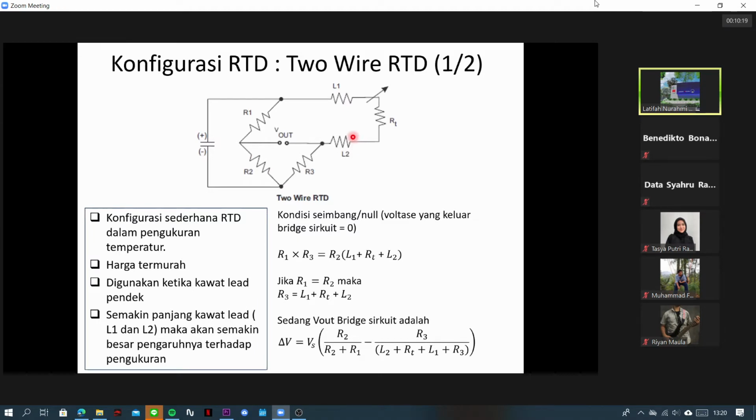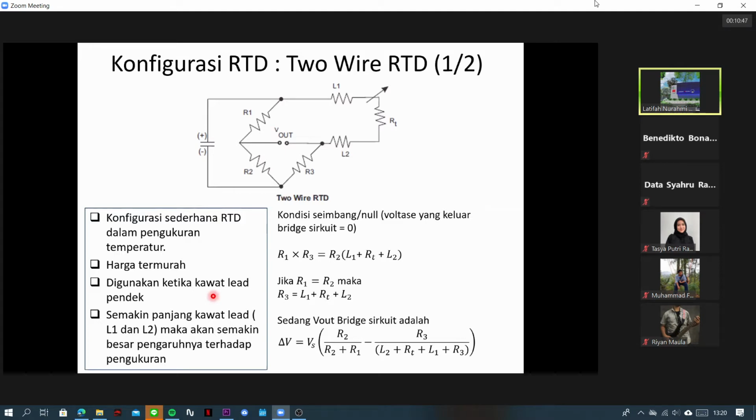Right, and then we want to know what the V out or delta V or whatever you may call it is. This is the simplest configuration of an RTD. It is quite cheap with 2 cables. It is used when the lead wire is short.